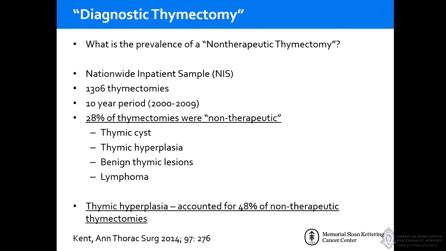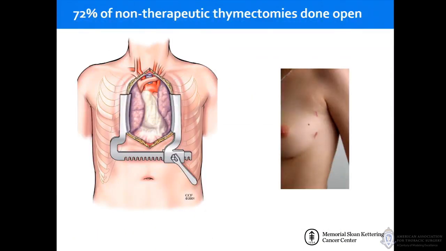Interestingly, of those non-therapeutic thymectomies, almost half of them were for thymic hyperplasia. And I thought even more interesting was that almost 3/4 of those were done open with sternotomies.